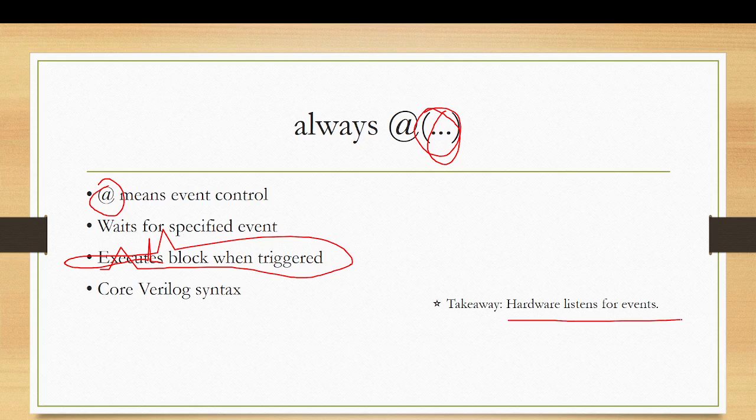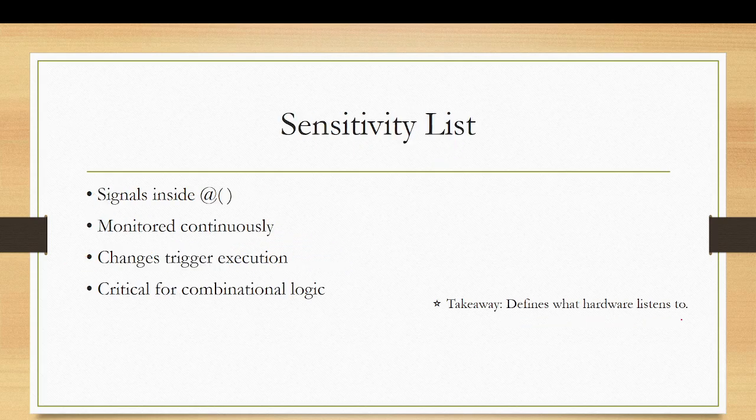Hardware listens for events. The signals inside the brackets form something called the sensitivity list. So this is the sensitivity list. Think of it as a watch list. Hardware continuously monitors these signals.